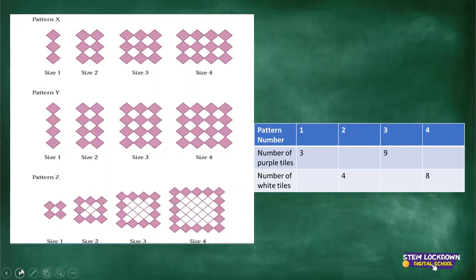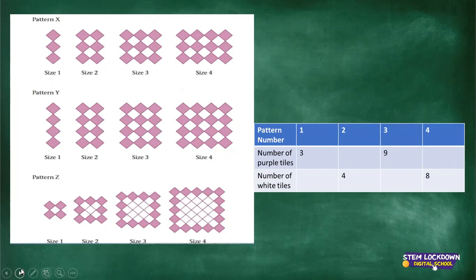We are given the number of purple tiles on size 1, which is 3, and also on size 3. For the number of white tiles, we are given size 2 and size 4.